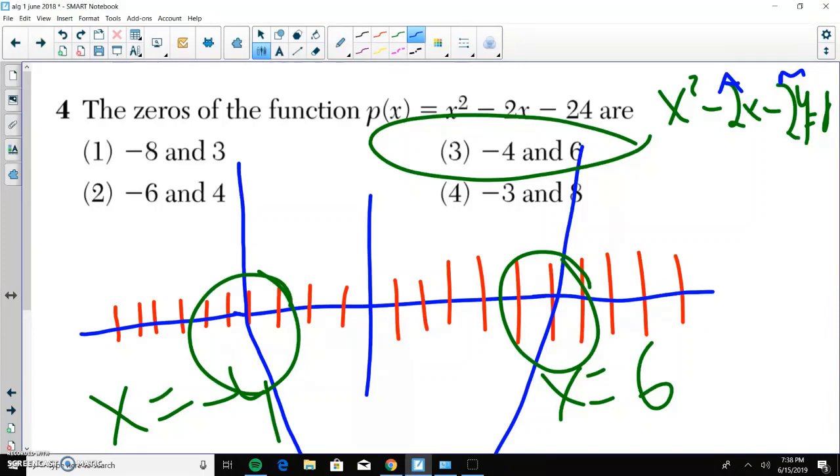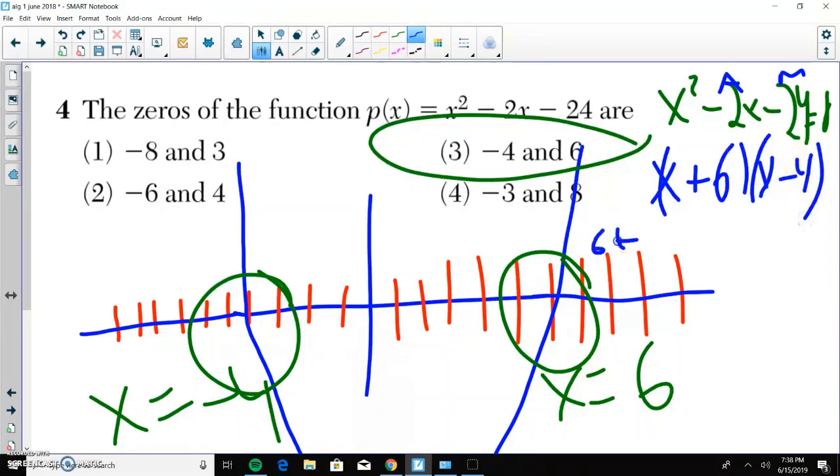So I remember adds and multiplies because AM. So x plus 6 and x minus 4. Why these two? Because 6 plus negative 4 adds... Just kidding. Hold on.